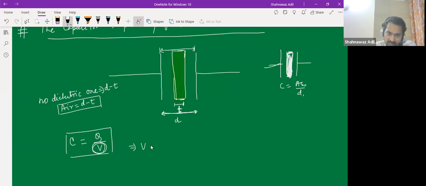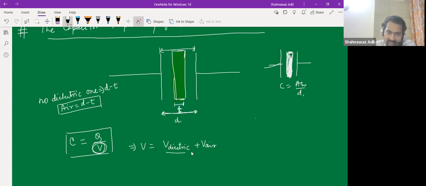So the potential due to dielectric plus potential due to air. Is this clear? It won't be V dielectric minus V air, we are adding, because we don't have any negative charges; these are all positive.